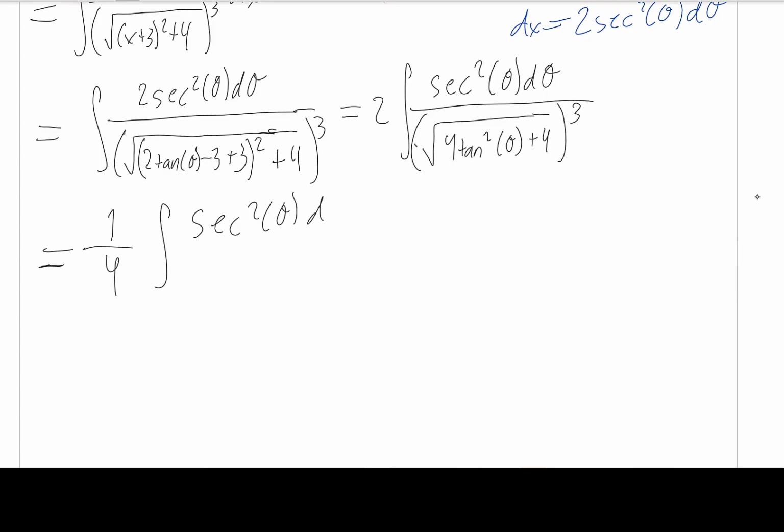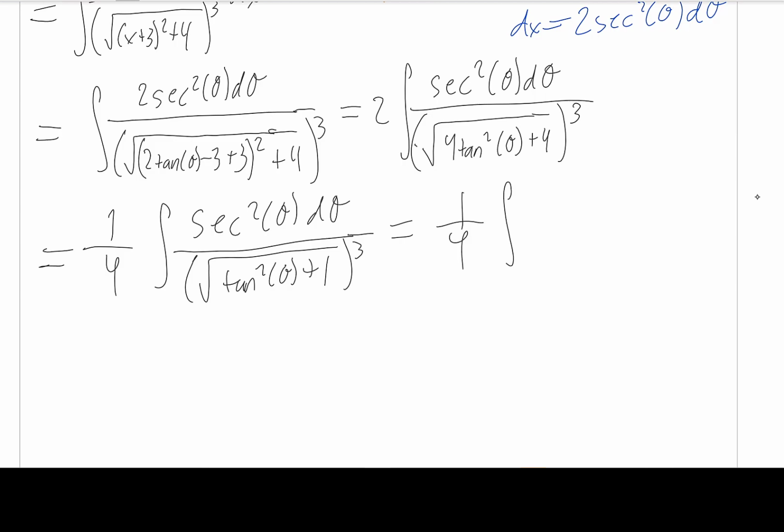And so what we just did there is we got rid of this 4 inside of our square root. So we'll have tan squared theta plus 1, giving us 1/4 times secant squared theta d theta.